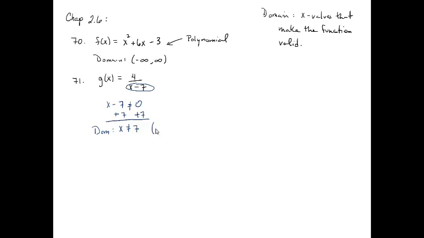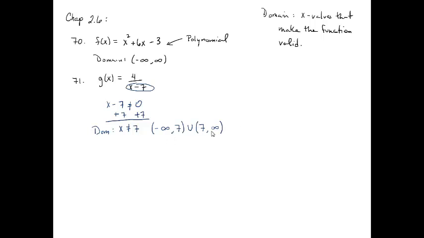So let's see. What's the smallest it can be? Negative infinity to what? 7. But you cannot include the 7, which means instead of writing a bracket, you must write a parentheses. U means union. And then, again, you have the 7, and it goes off to infinity.